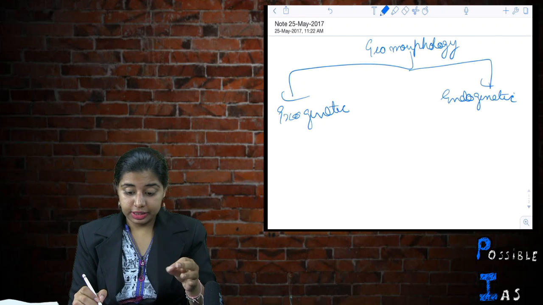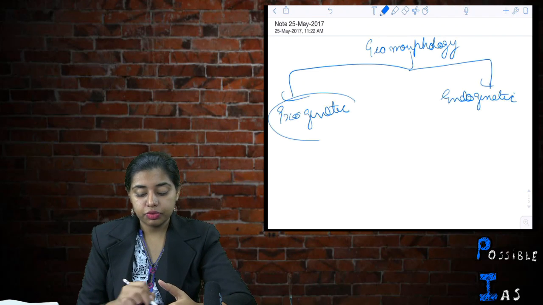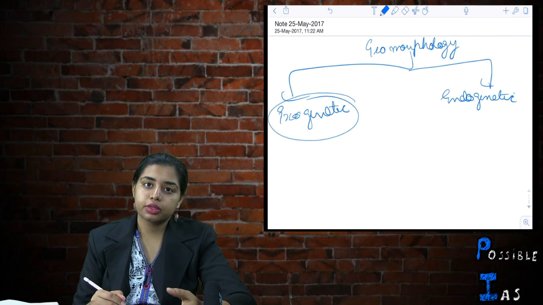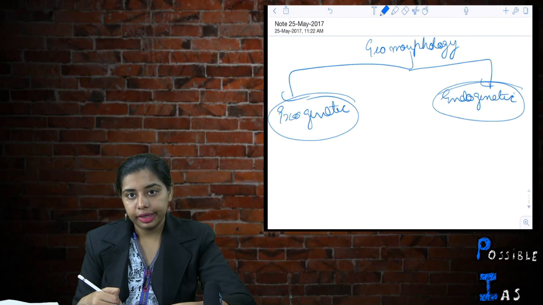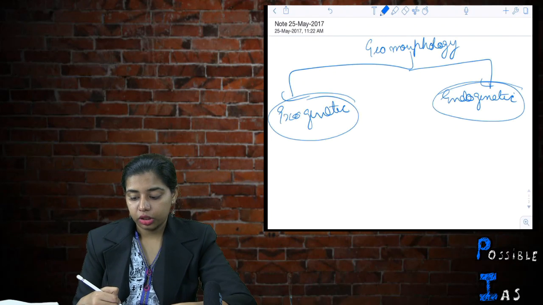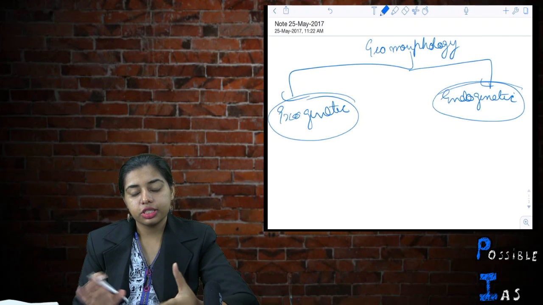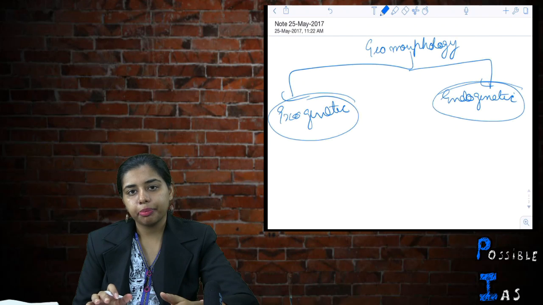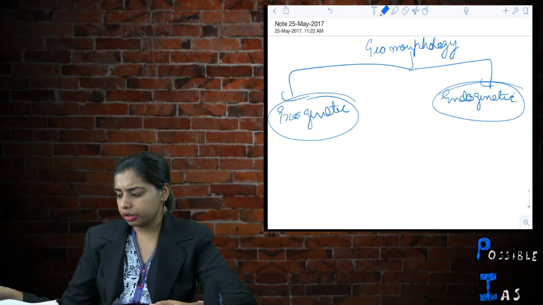Just giving you the basic outline right now. So there are two types of forces: exogenetic ones which happen on the outer surface of the earth, and endogenetic ones which are present on the inside of the earth, right? So these forces constantly try to counter each other, and because of that, various landforms are found on the surface of the earth.